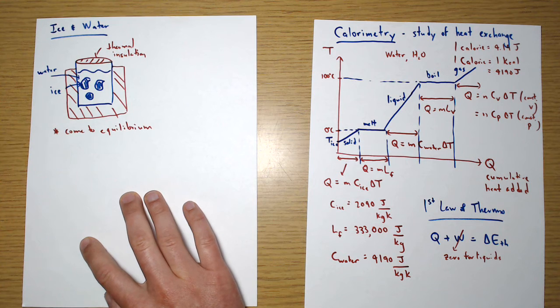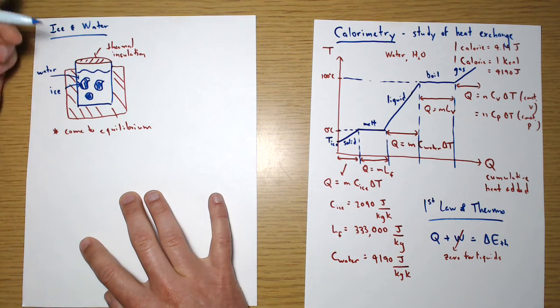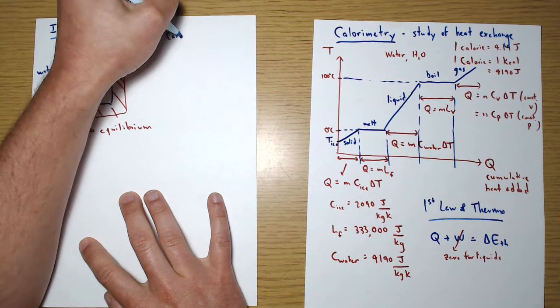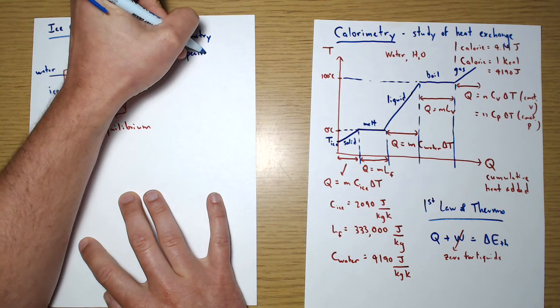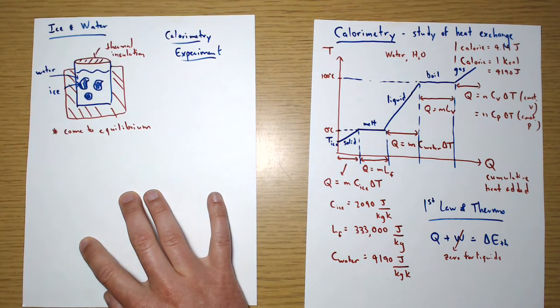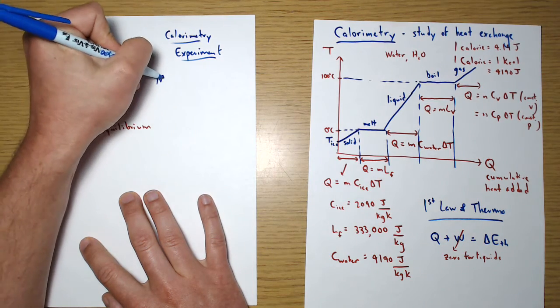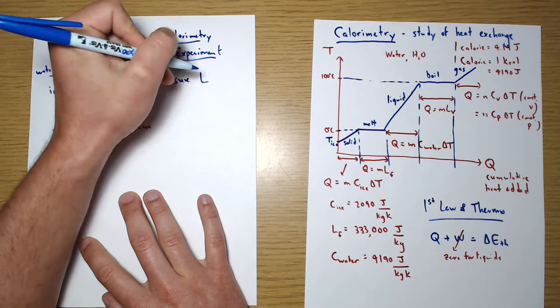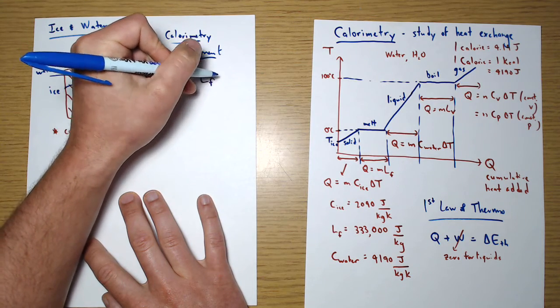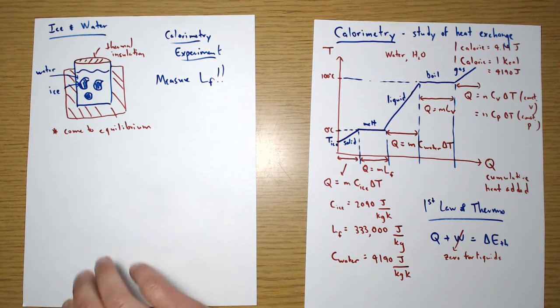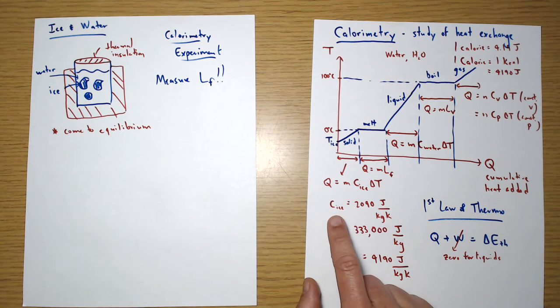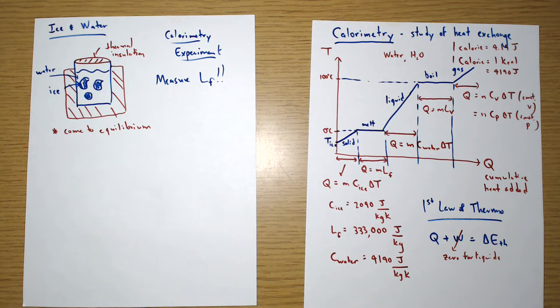So the purpose of a calorimetry experiment such as this is that it gives us a way to actually measure the latent heat of fusion. And that's what we're going to try to measure here directly. Other things that we can measure with calorimetry are the specific heat of ice and the specific heat of water. Calorimetry gives us a way to measure specific heat.